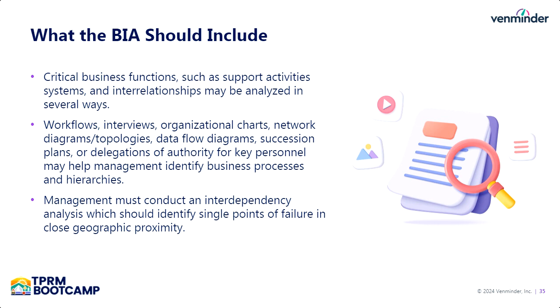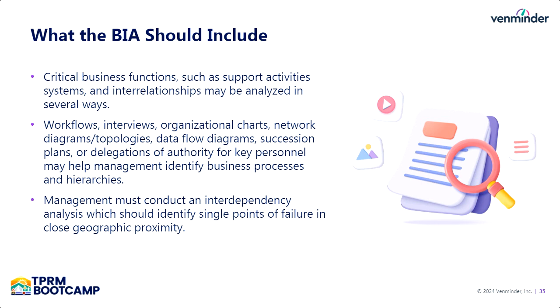So your BIA should really include things like critical business functions, such as support activities, systems, and the interrelationships that can be analyzed in several ways: workflows, interviews, organizational charts, network diagrams, topologies, data flow diagrams, and things like succession planning. How is authority delegated for key personnel?